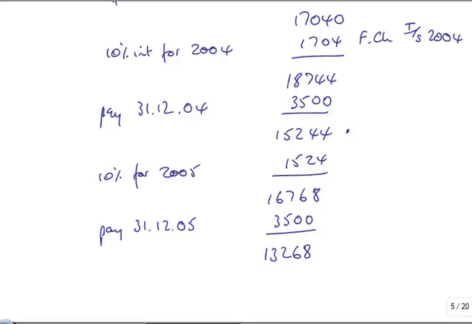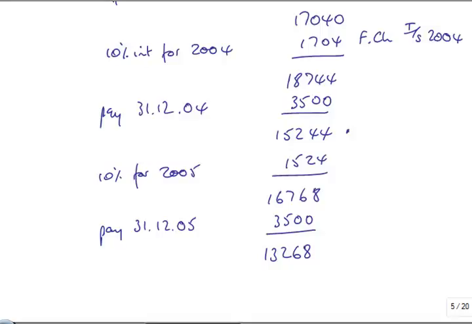Look, 15,244 is the obligation at the end of 2004, and this 13,268 is the obligation at the end of 2005. How much of that 15 is long term? 13,268 is the long-term liability.